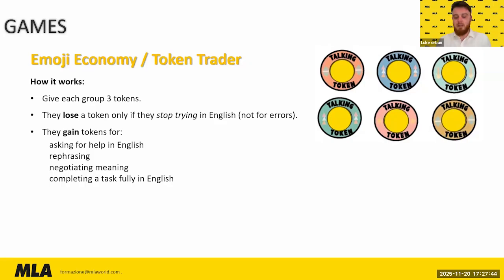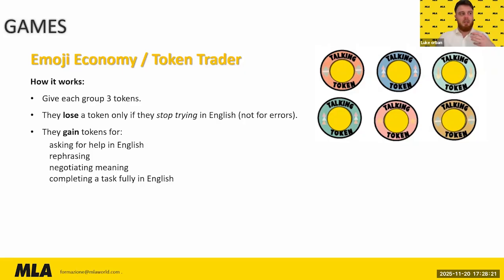Whereas we just saw that good English is rewarded, if the students are not motivated to speak English and they're not trying in the classroom, they will get a point or a token taken off them. So the idea is that the students will keep speaking in English. Even if there are errors, if the effort is there and the motivation is there, then that's absolutely fine.